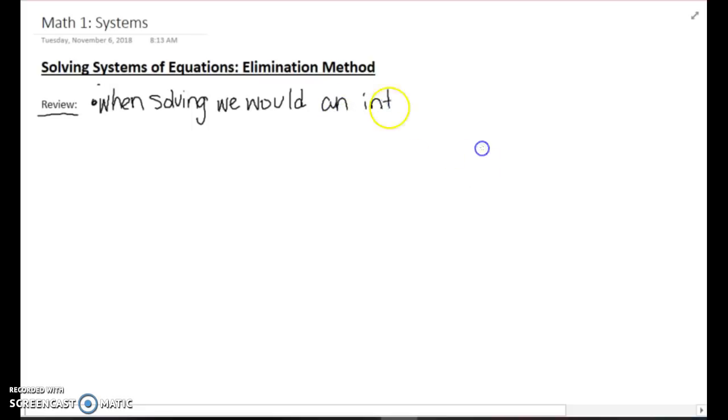Previously, we had solved systems of equations through graphing. And when solving, we would have an intersection as a solution.